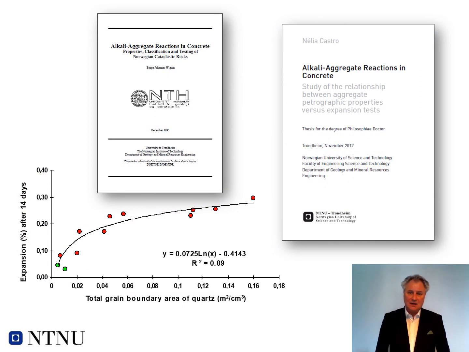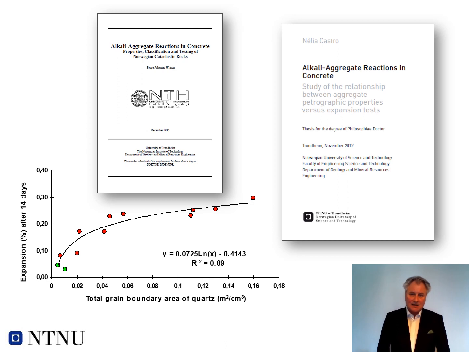I looked in my PhD work back in '95 at this accelerated mortar bar test. And I found a very good correlation when I looked into the grain sizes, or the crystal grain sizes of quartz of Norwegian aggregates, as you can see on the x-axis here, related to the expansion after 14 days in the mortar bar tests.